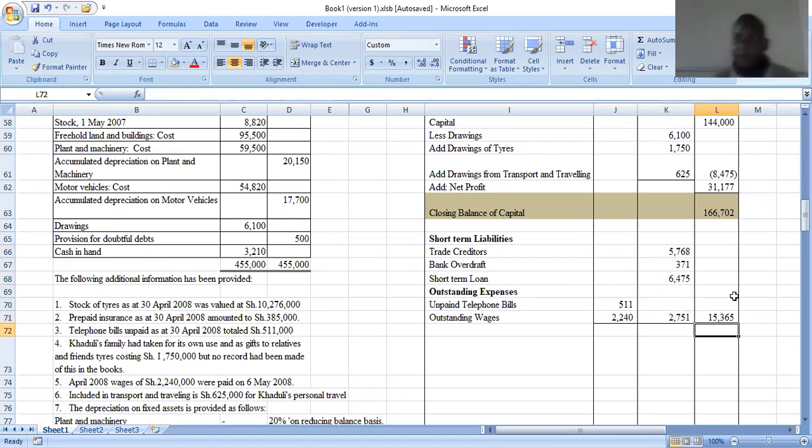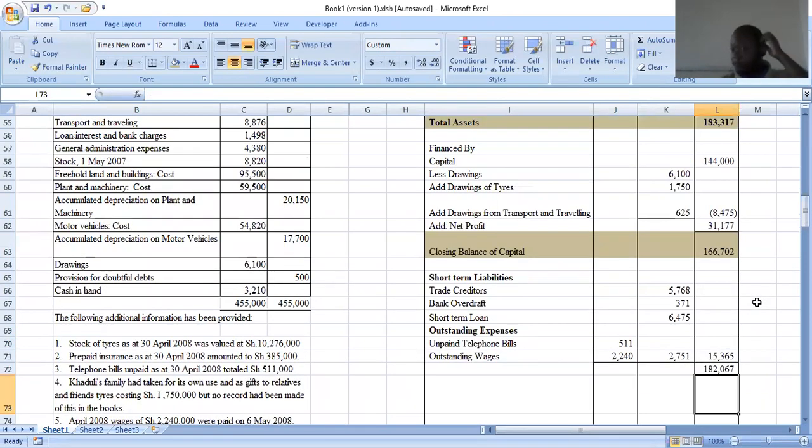So we add this to capital, 15365 to 166,702. Itatupea ngapi? Tuko pamoja kila mtu? So this should give us the capital and liabilities total.